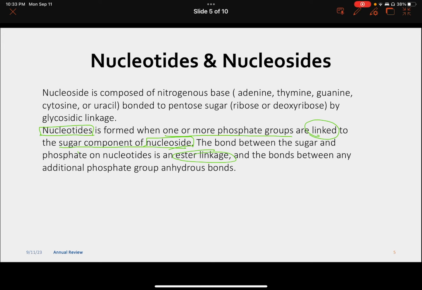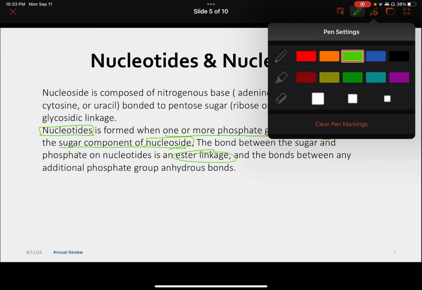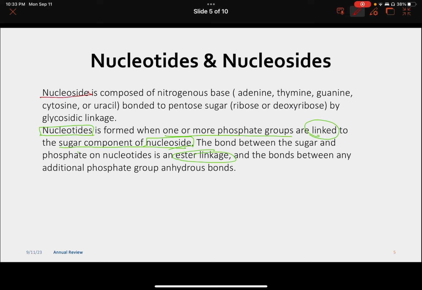Now, compared to nucleosides, they are composed of a nitrogenous base, which is adenine, thymine, guanine, cytosine, or uracil, bonded to a pentose sugar by glycosidic linkage. So in nucleosides, it's glycosidic linkage, and in nucleotides it's ester linkage.